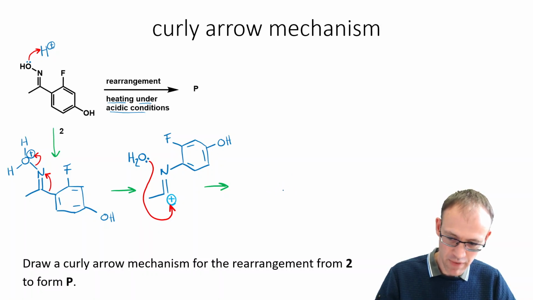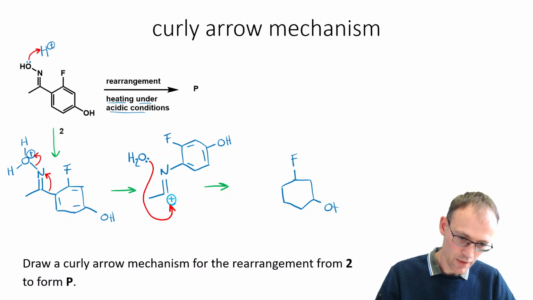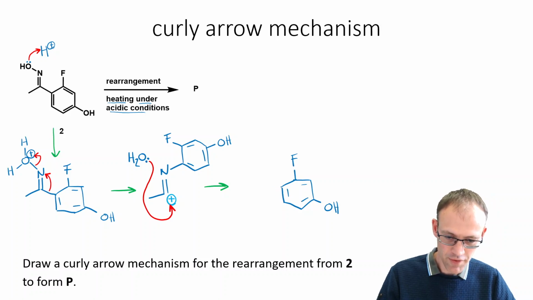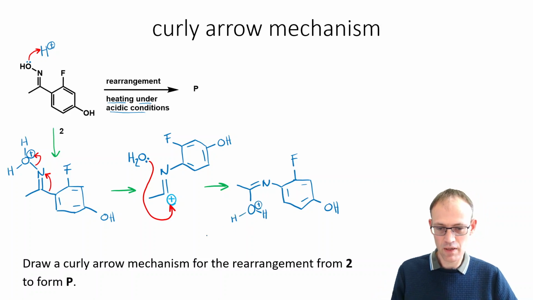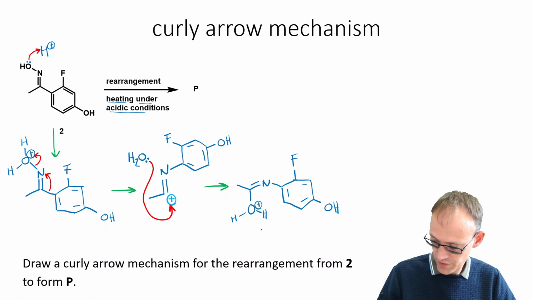So I will rotate that back to the way I drew it at the start of the question. So fluorine is here, the hydroxyl is here, but this atom is now connected to this nitrogen over here. This is still a double bond, and here I have a protonated hydroxyl group.